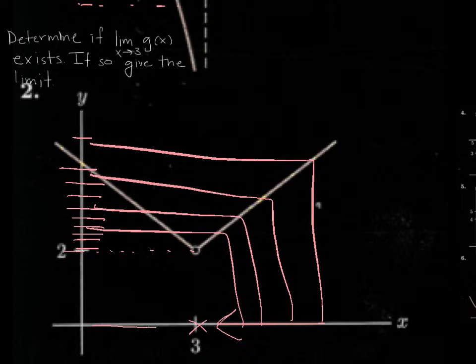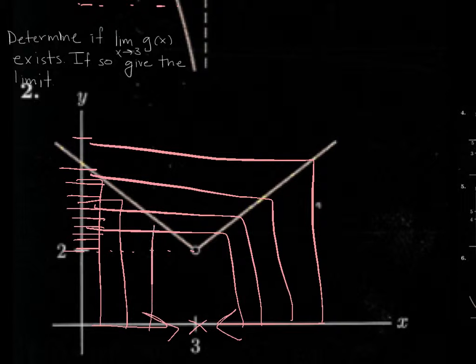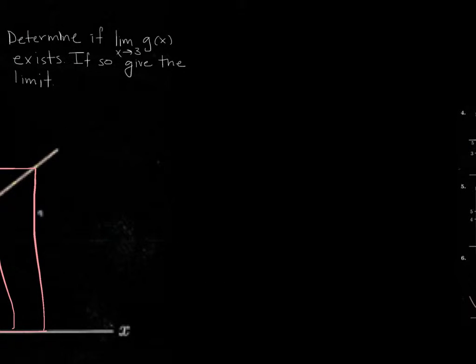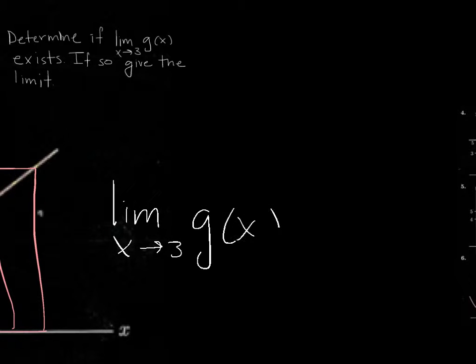Also, while we approach from the left-hand side, the output values are also approaching 2. So you can see that the limit exists and that it equals 2. So the limit as x approaches 3 of g of x in this example equals 2.